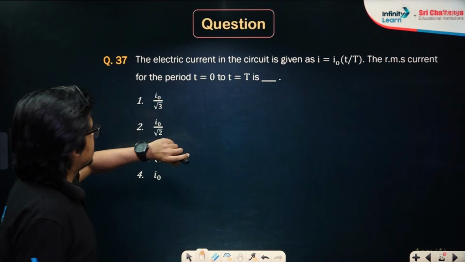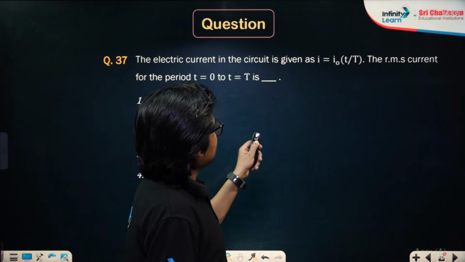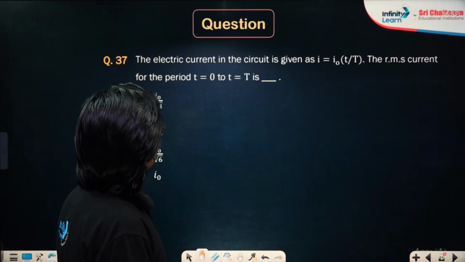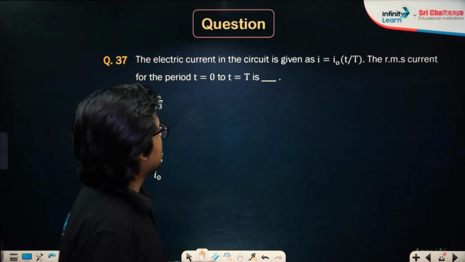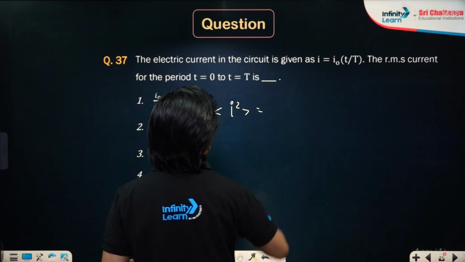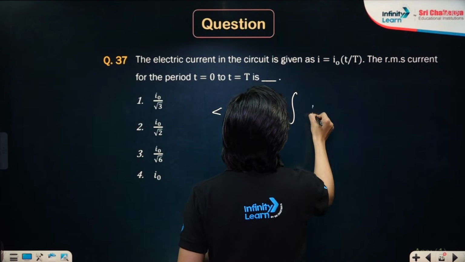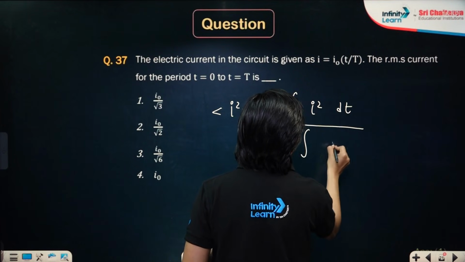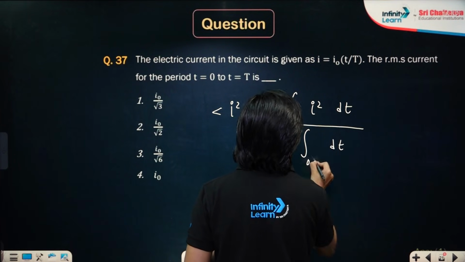The electric current in the circuit is given as I equal to I naught small t divided by capital T. The RMS current for the period t equal to 0 to t equal to capital T is. So for that you can just calculate the average value of I square, which is given by I square dt divided by this time interval over which you are calculating this integral.